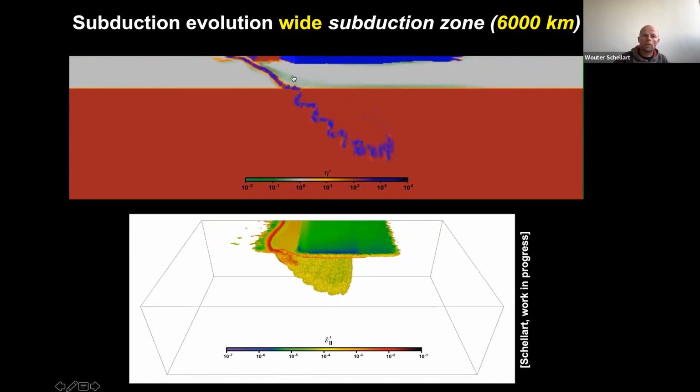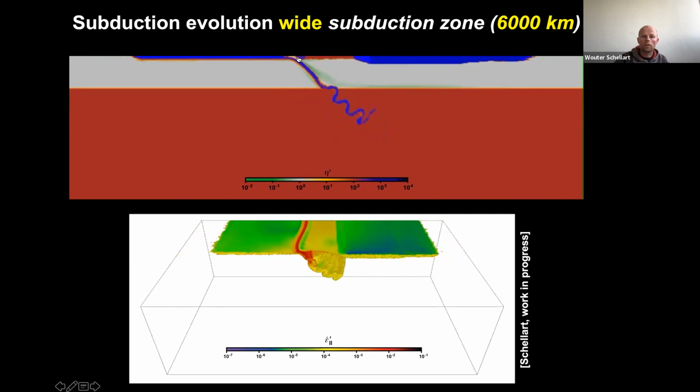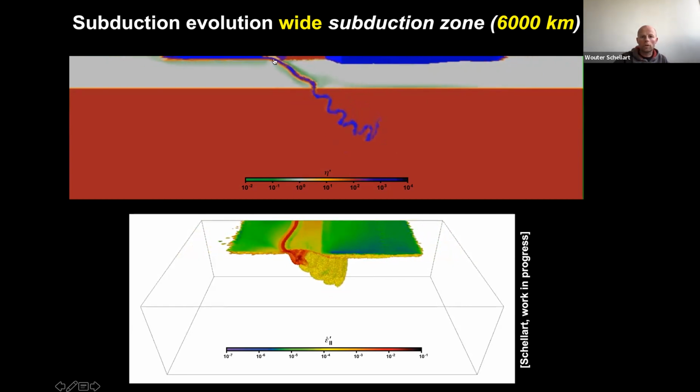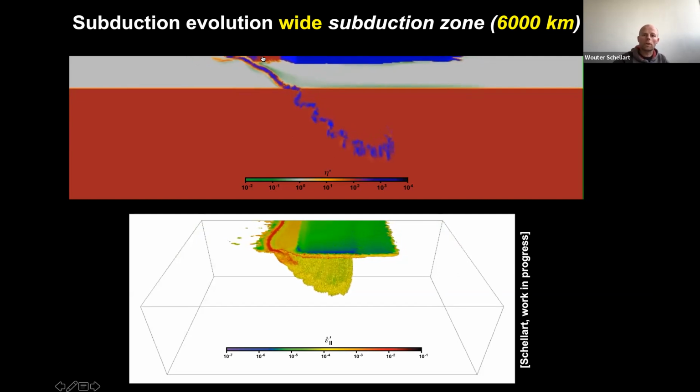Subduction now is accommodated to a much larger extent by subducting plate motion towards the trench. So the VSP here is much larger than the VT. Most subduction is accommodated by the subducting plate moving towards the trench, and the trench is retreating, but at a slower rate than for the narrow subduction model.